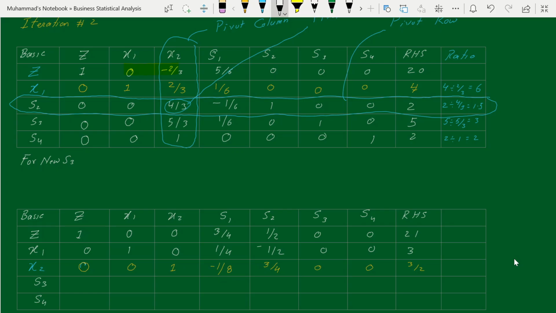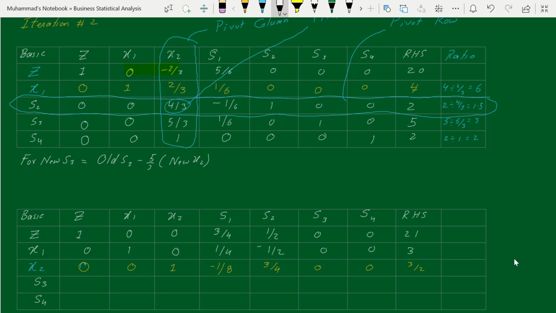So for 5 by 3, if you want to make it equal to 0, it means that we multiply minus 5 by 3 with x2. So for new S3: old S3 minus 5 by 3 into new x2. So we will use this operation to make this 5 by 3 equal to 0.